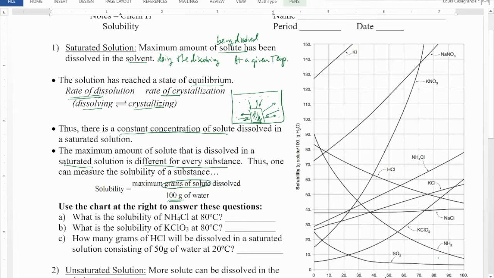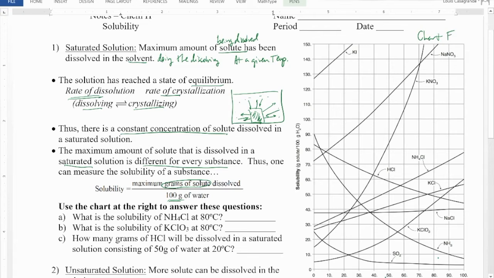It's just a convenient way of making sure that we keep the amount of water always consistent, and that way we can compare how much of each solute does dissolve. By the way, you'll find this is chart F on your reference pack.